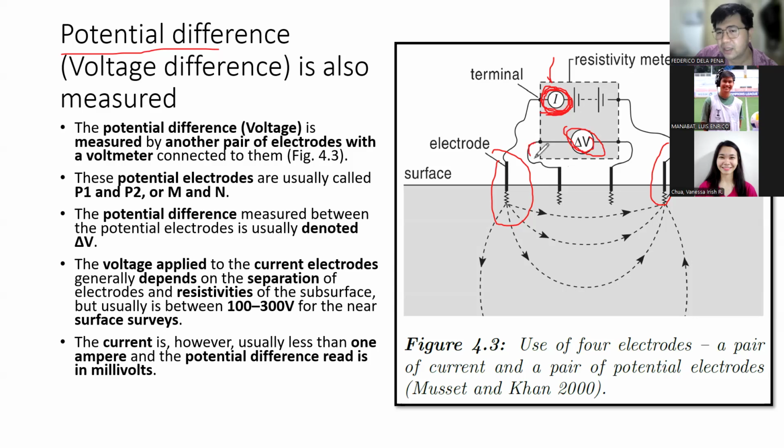We do this by having another pair of metal stakes, or electrodes. We call them your potential electrodes, and they're simply measuring the voltages at each of their points, so you're measuring the potential difference between those two points.